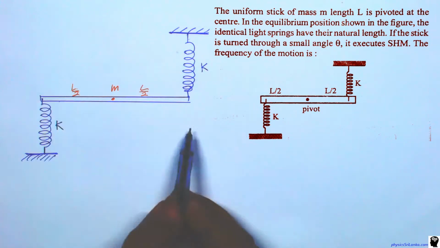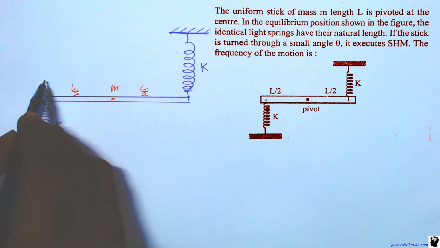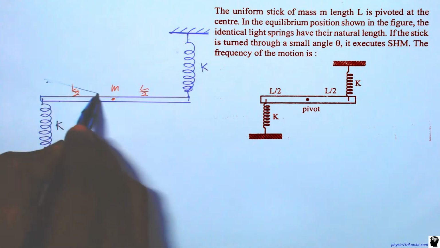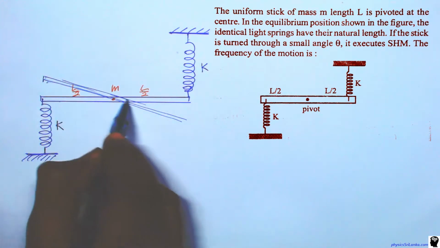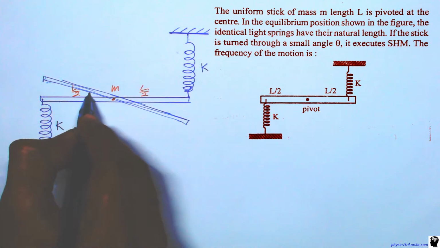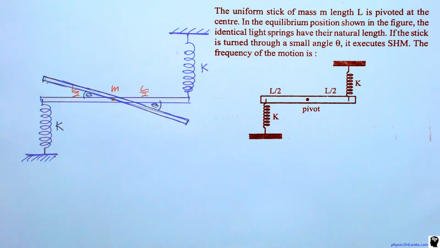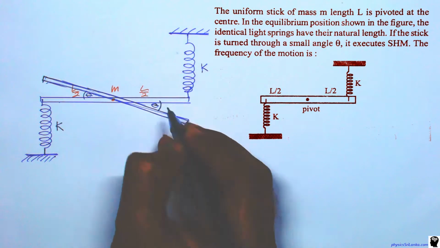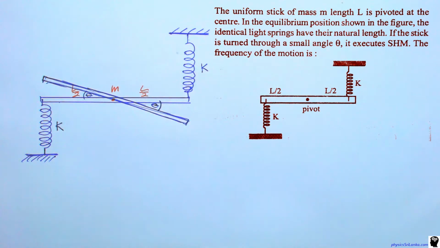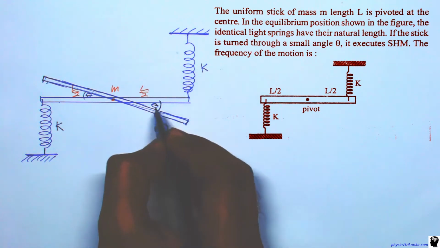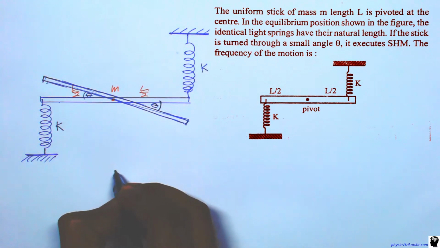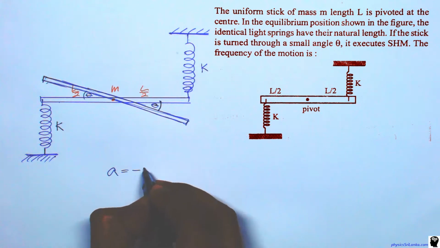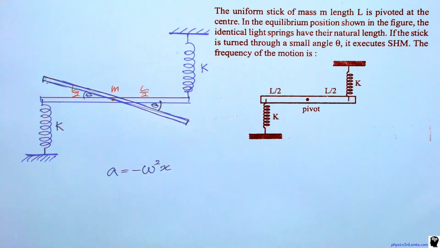Now the question asks this: if I displace it by a little angle theta, what would be the frequency of the SHM, the simple harmonic motion that it does? As we know, a equals minus omega squared x.